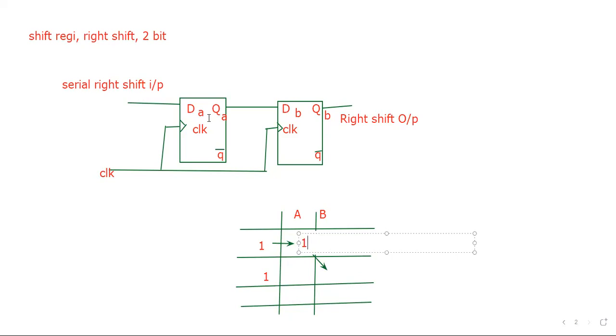Then at the second clock, the output of A would enter into the BFF. So first time it is a 0, then next time this 1 would enter into B as input, and at that same time the other 1 would also enter into A. Here it is 1, and here we have to write our output.